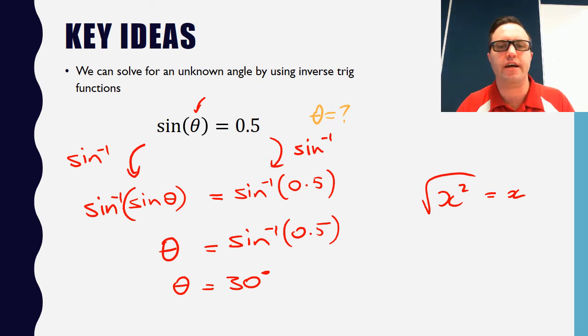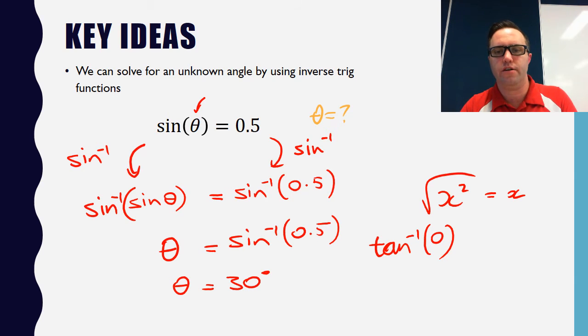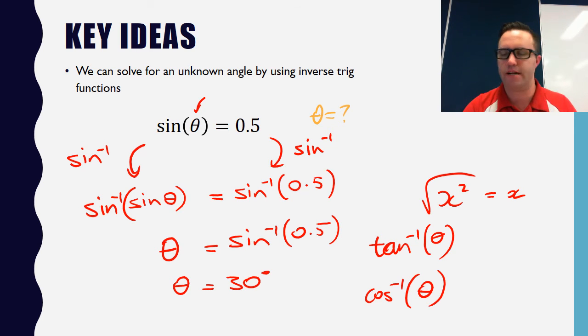Yeah, 30 degrees. Okay, so that's our inverse sine function. We use inverse trig functions to get to the angle that's locked inside that function. You have the same kinds of ones for the others: tan has an inverse tan function, and cosine also has its own inverse function as well. You'll get a bit of practice with how to use those and where you want to use them.